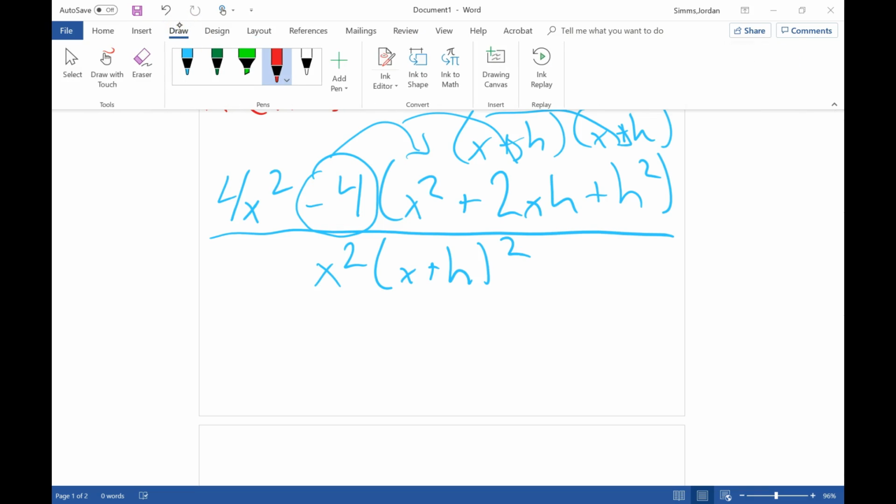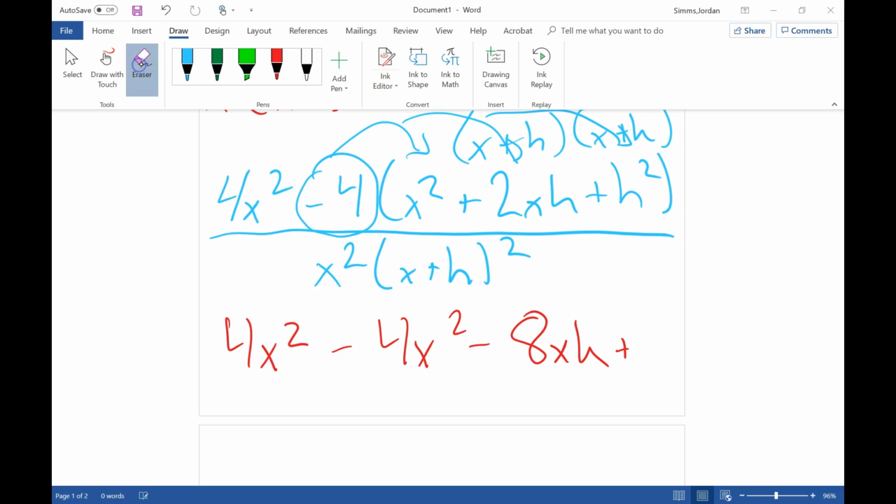So we're going to have 4x squared, this is just in the numerator. Now I'm going to distribute, that's going to be minus 4x squared, so that's a cancel. Then I'm going to have negative 4 times positive 2, which is going to be negative 8xh, not plus, minus 4h squared.